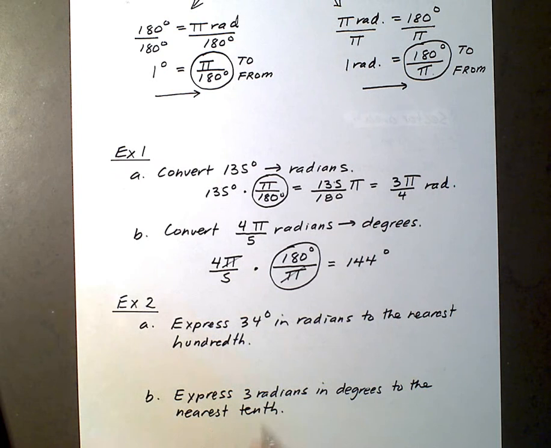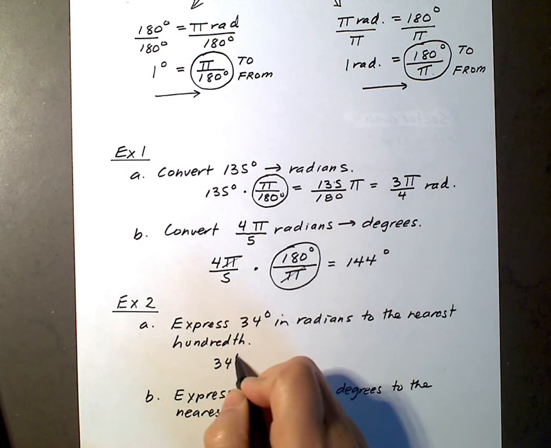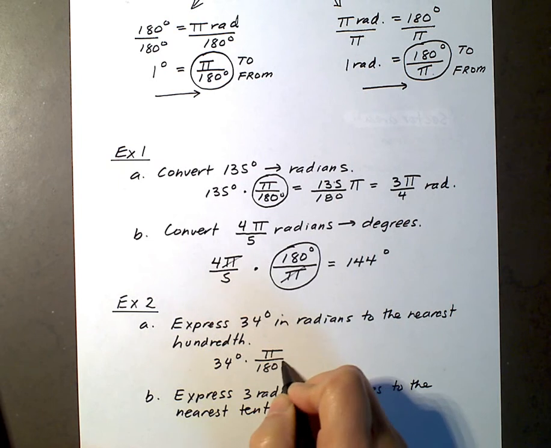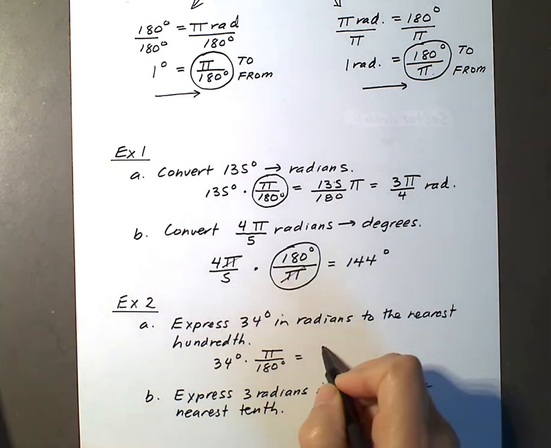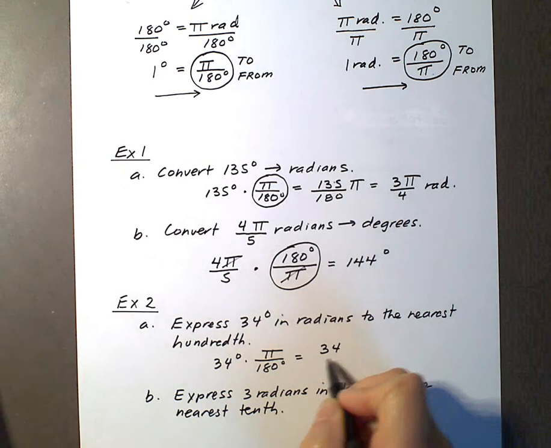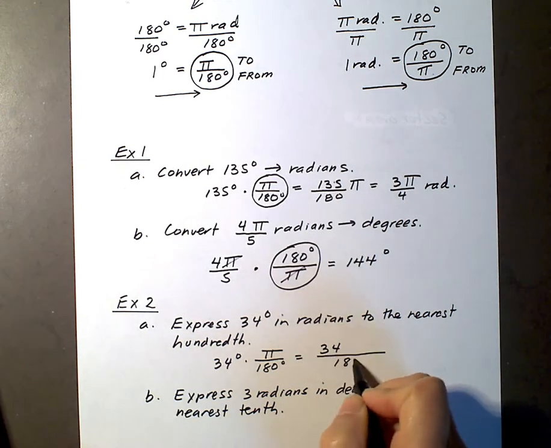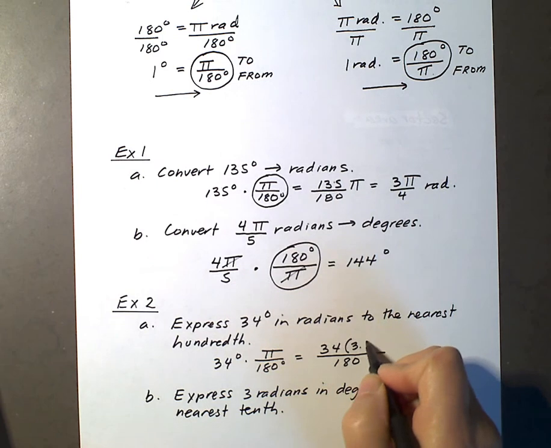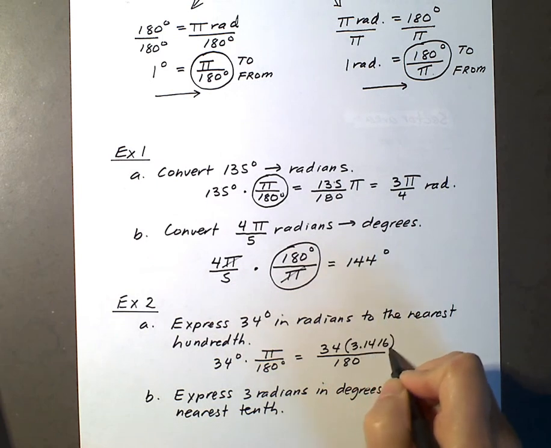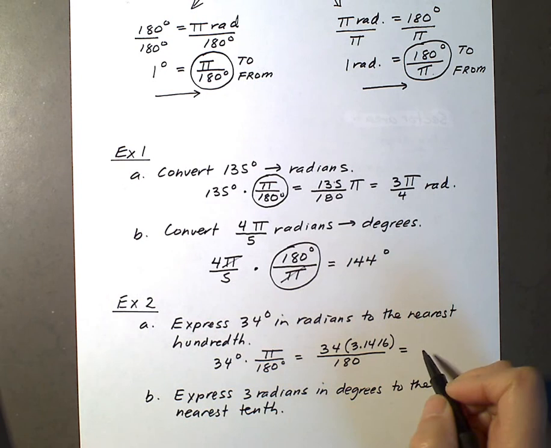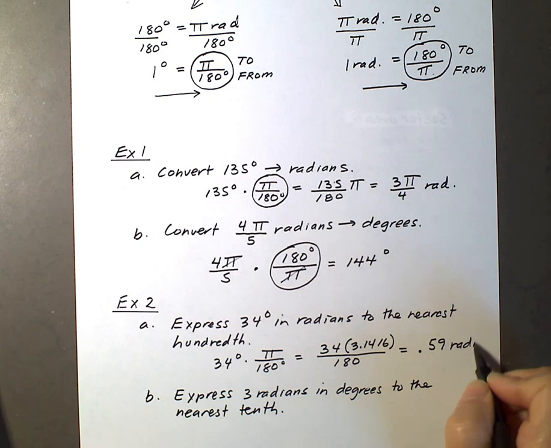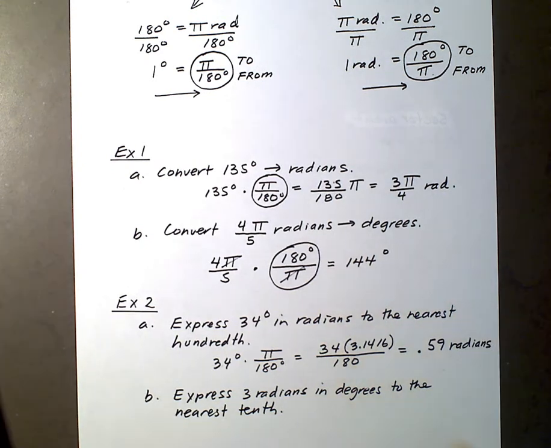So if I take 34 degrees and multiply it by pi over 180 degrees, and then put this into a calculator, for pi I'll substitute 3.1416, and I will get, to the nearest hundredth, 59 hundredths radians. So that's just expressing radians as a decimal value.